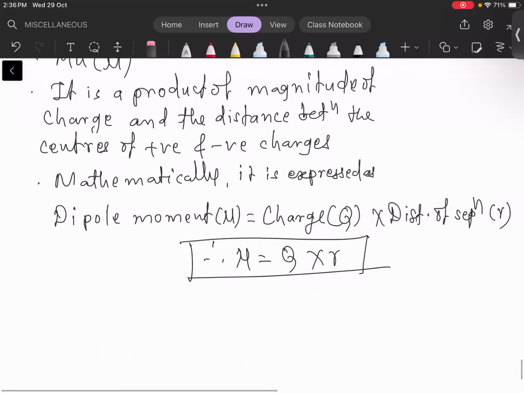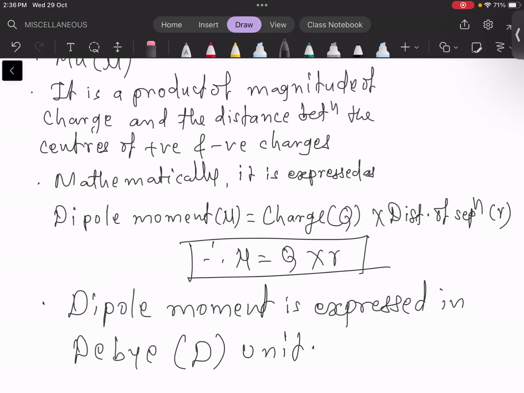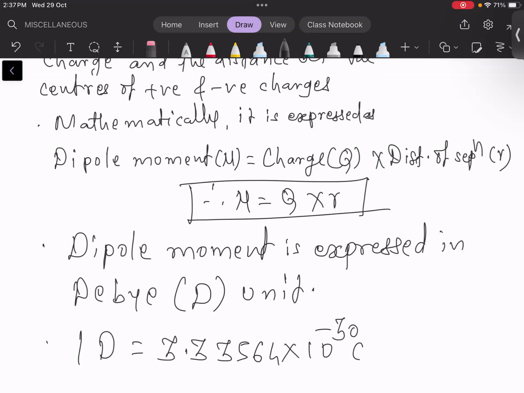Dipole moment is expressed in Debye unit. Then 1 Debye is equal to 3.33564 into 10 raised to minus 30 coulomb meter.